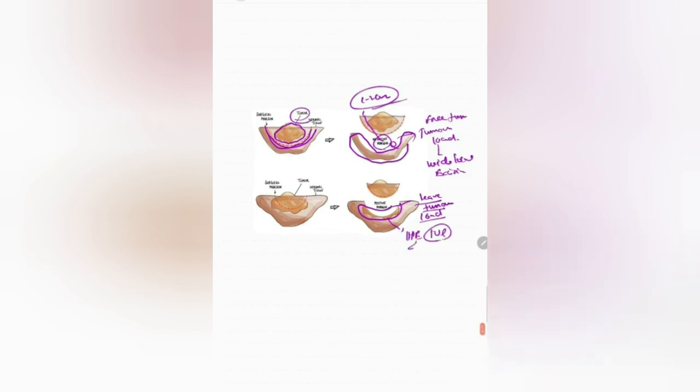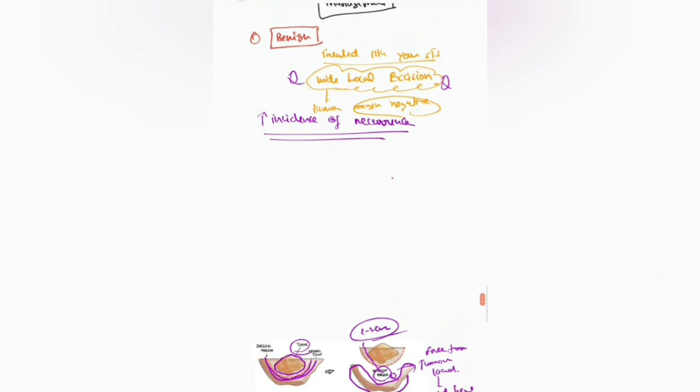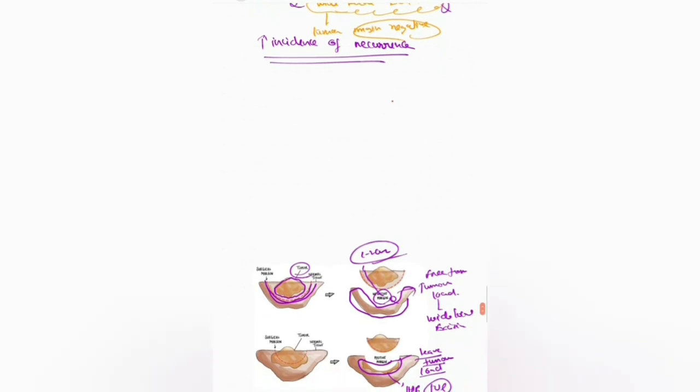There are more chances that it recurs. So always remember, benign phyllodes, you have to treat it as a soft tissue sarcoma, or you give a wide local excision always.